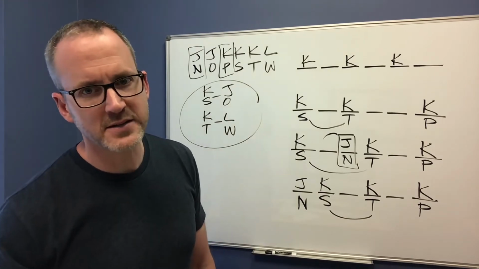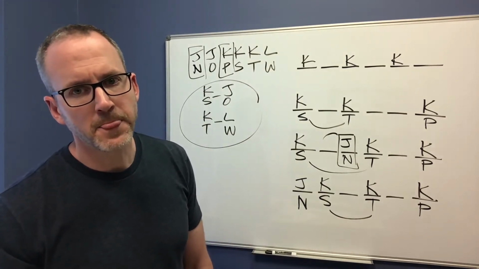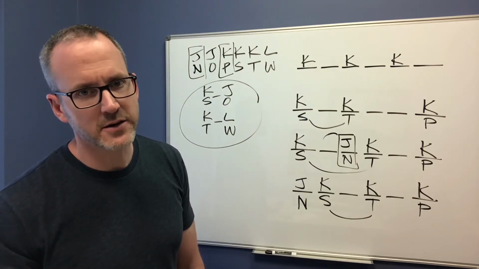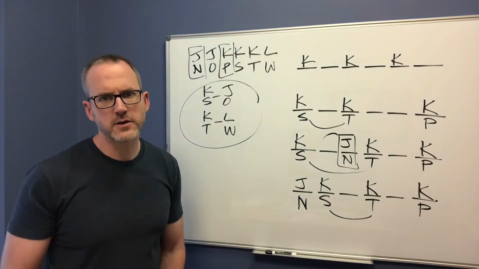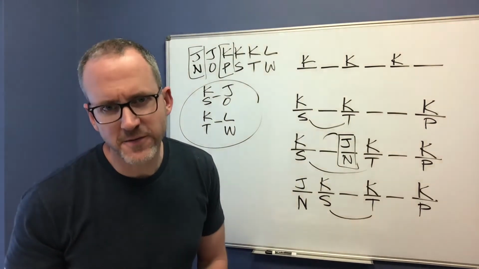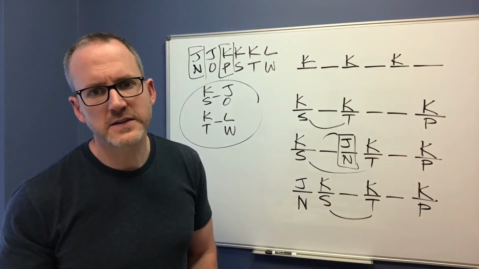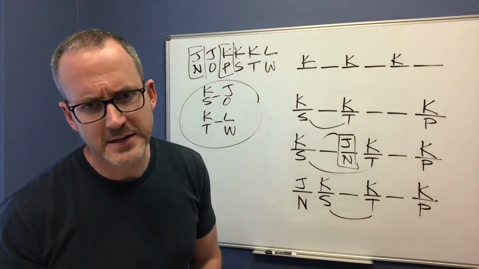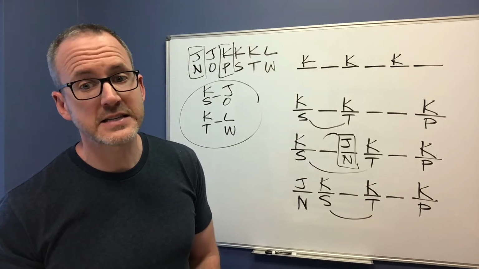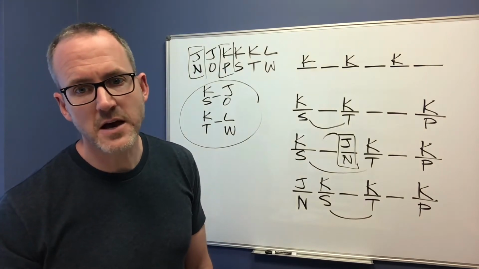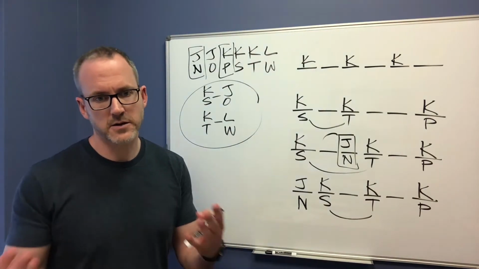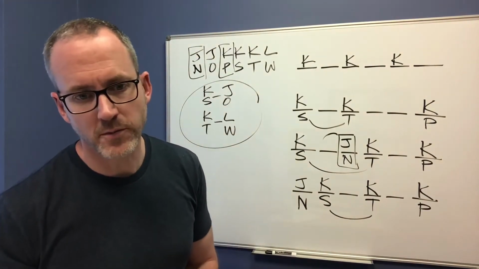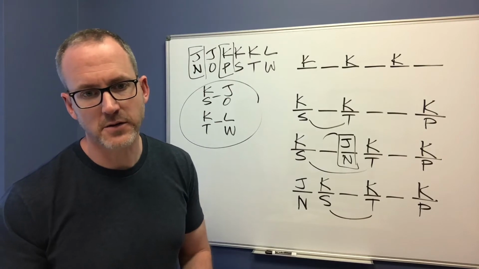So if I look for PST, I see that in answer choice A, T and P are together, right? So that's not good. PST is fine in B. PST is fine in C. PST is fine in D. And PST is not good in E because S and T are together. So I'm just looking for answer choices that violate that first rule, that K can't go consecutively, right?